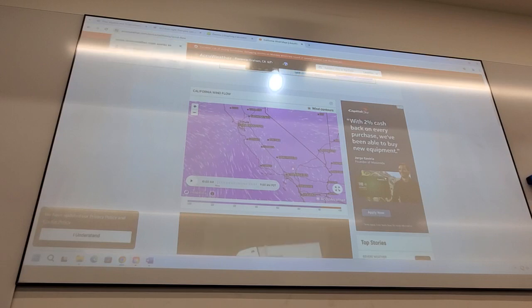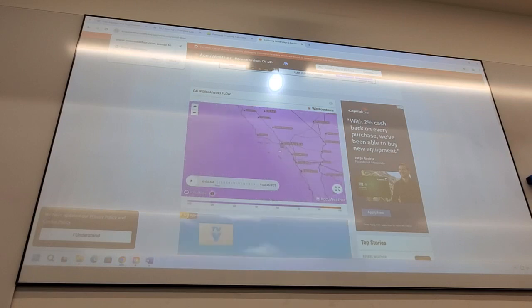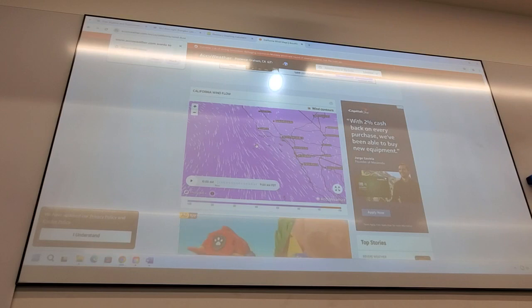Do you guys see how some of these are smaller or not as long as others? The length of the line represents the strength of the wind. There are really strong winds down here, these are really long. Bakersfield is not getting very strong wind right now. Out in the ocean, pretty strong wind.